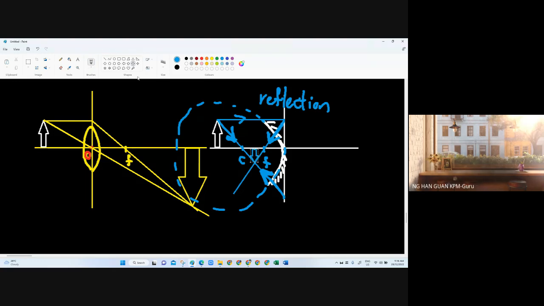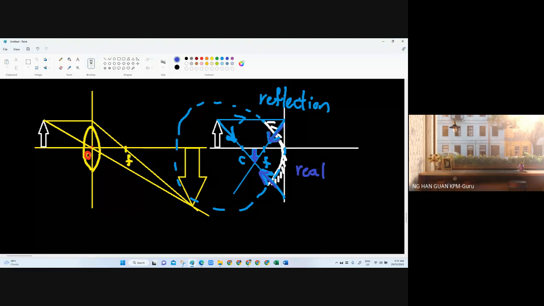The image is formed here. This one we call a real image, because the light is reflected and meets. So it's based on the reflected rays. When you put a screen here, the light hits the screen and is projected on the screen. That's why it's a real image.